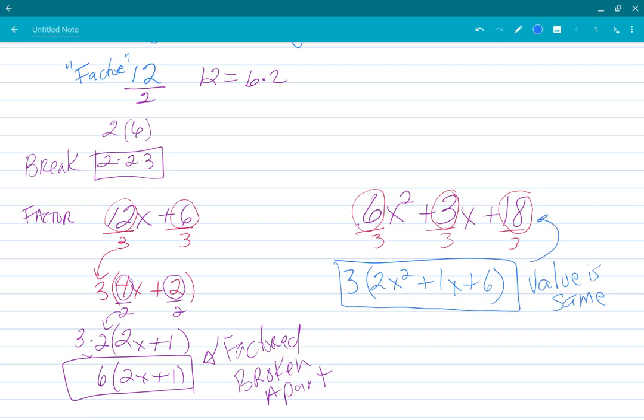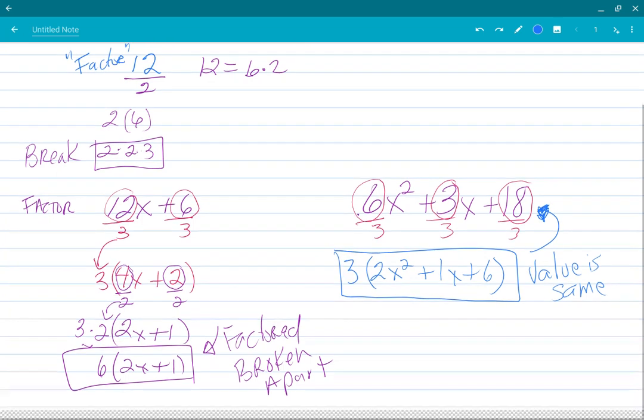It's sort of like saying I have a dollar bill and I'm going to get 4/4. It looks different, but the value is still the same. If you didn't put the 3 here, then the value wouldn't be the same. So whatever you divide by, put it in the front, so you don't change the value. All right, keep on asking questions, guys.